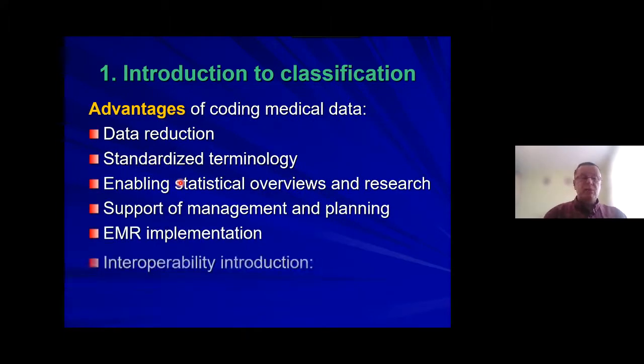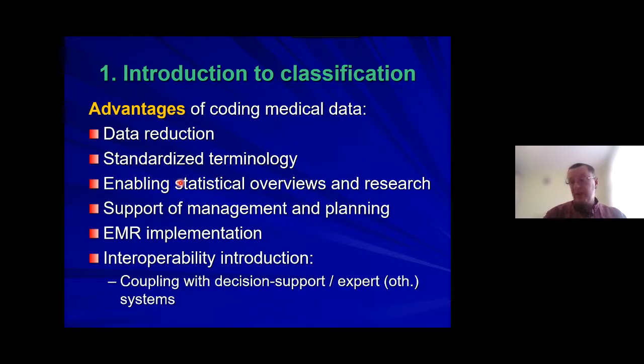So if we finalize this part of the lecture, as I mentioned, I started with the practical usage of medical codes, especially in case we use some kind of medical information system in our practice.